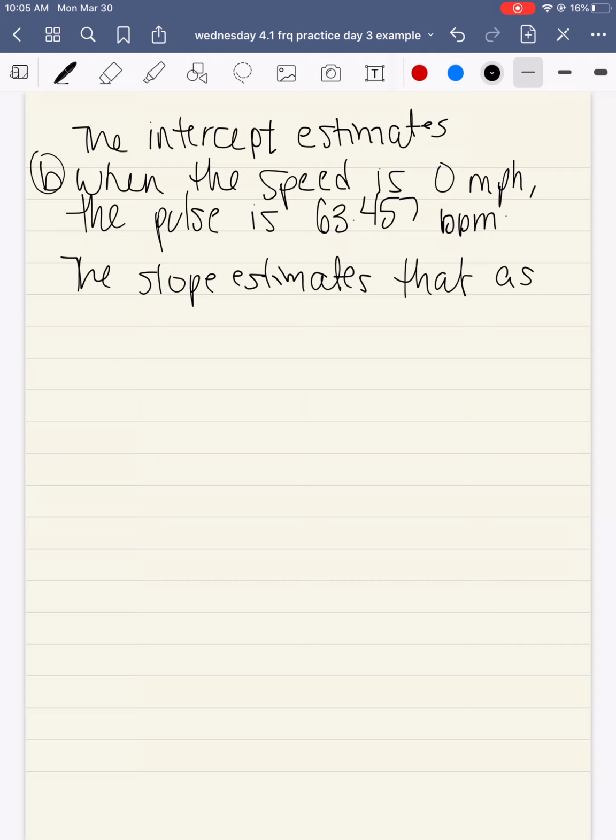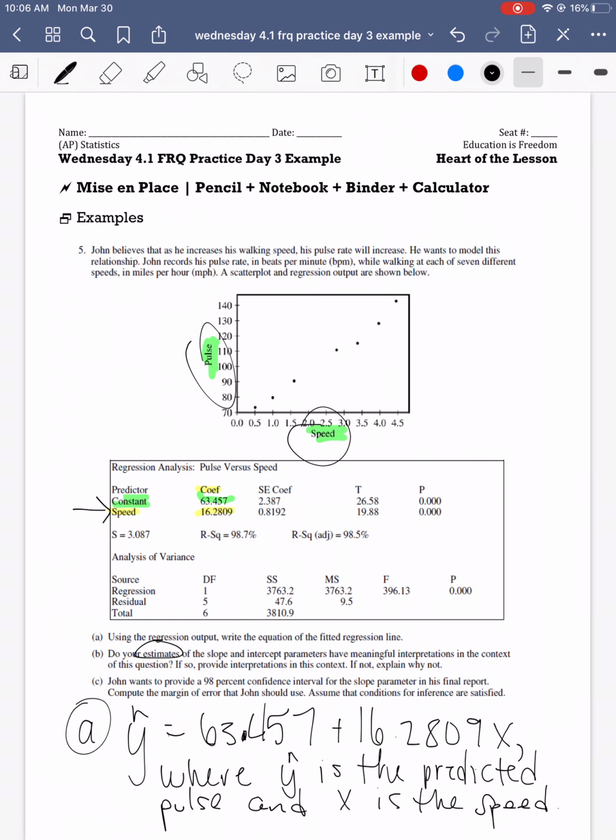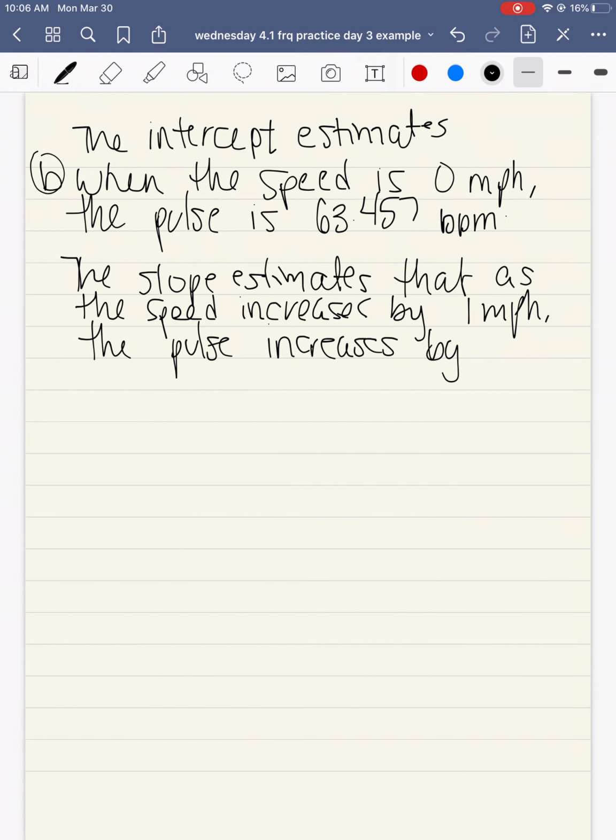So we can say the slope estimates that as the speed increases by 1 mile per hour, the pulse increases by, let's see what our slope was, 16.2809.